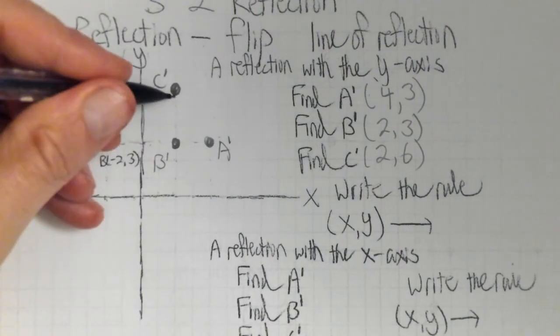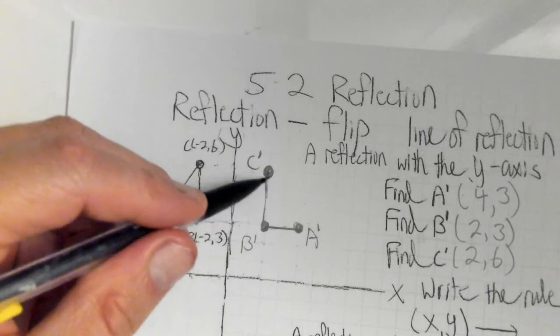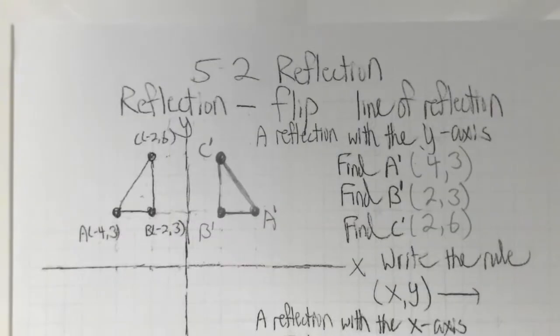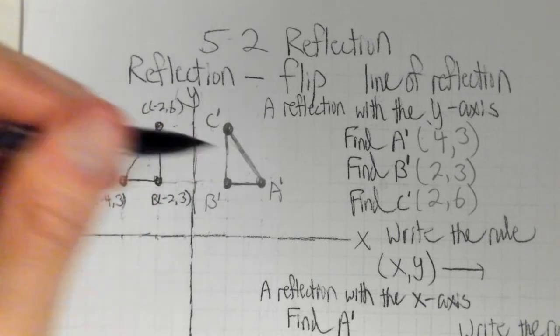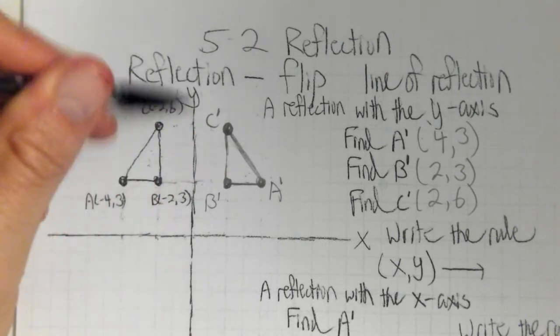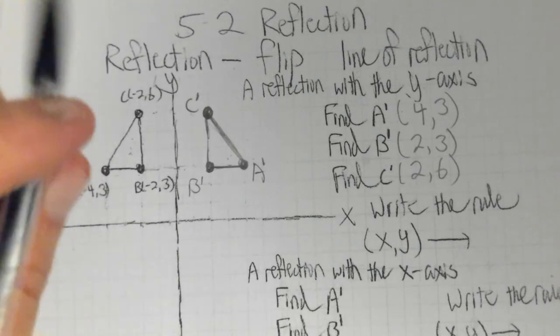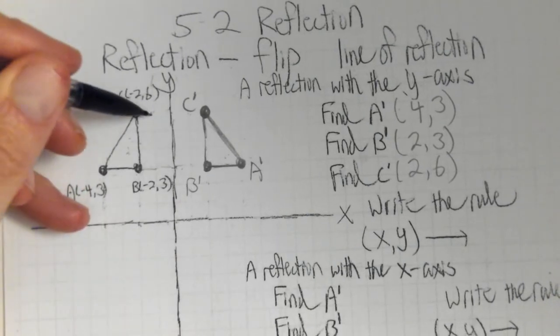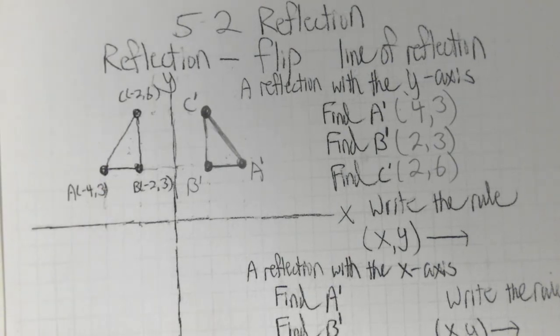Remember what we said, once you get all 3 of your points on the graph, you can draw in and complete the triangle. Now we can see this triangle was flipped over the line of reflection, which is the y-axis. Remember the main property for reflection: however far the point is away, the reflection is going to be that same amount, the opposite direction.